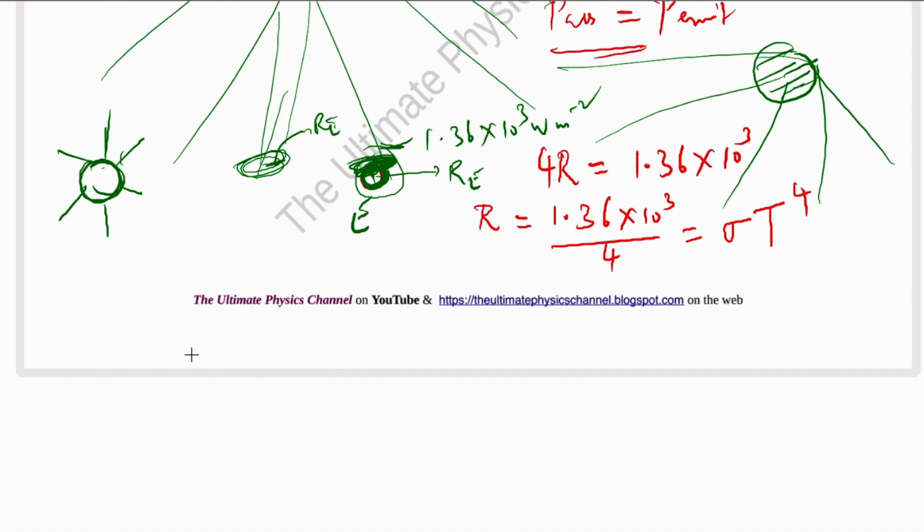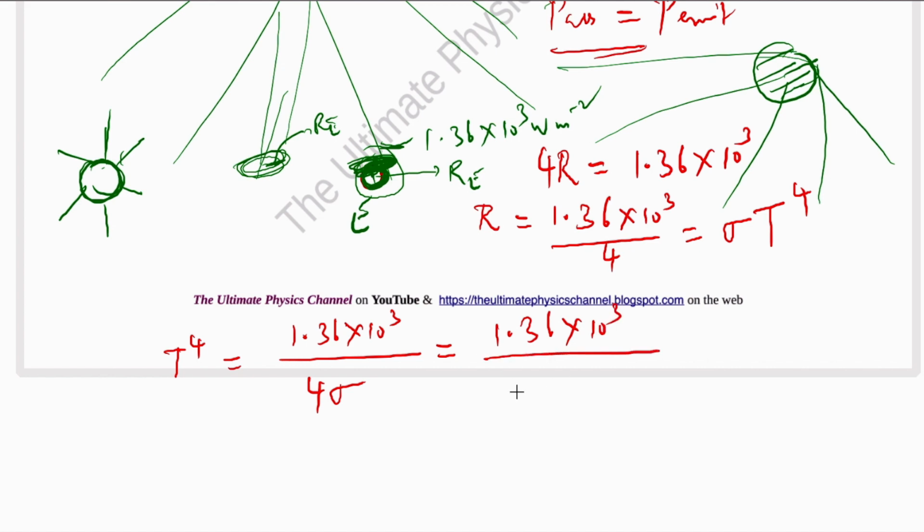The temperature T power 4 is equal to 1.36 into 10 power 3 over 4 times sigma, where sigma is Stefan's constant, 5.67 into 10 power minus 8. That is the value, and therefore this can be simplified.